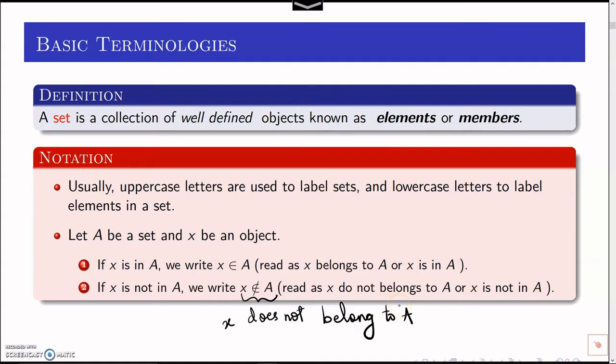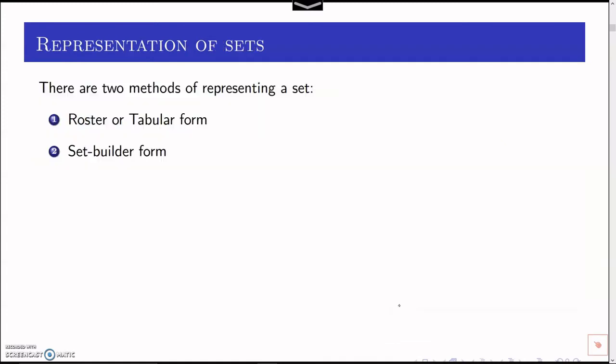These are some notations that you must have already seen in your lower classes. Now how do we represent sets? There are basically two ways in which we can represent sets. One is called the roster form, sometimes also referred to as tabular form, and the second one is the set builder form. We will look at them one by one. First one, roster form.